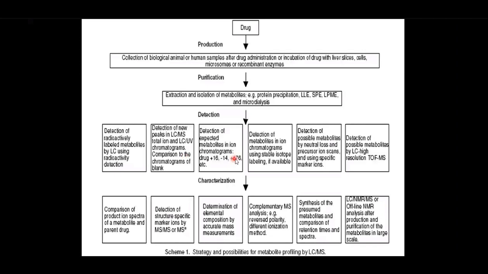Detection of expected metabolites in ion chromatogram with drug +16, -14, +176, etc. When a drug metabolite gets formed, there will be either a gain or a loss of weight because of some addition or removal of a group from the drug structure.